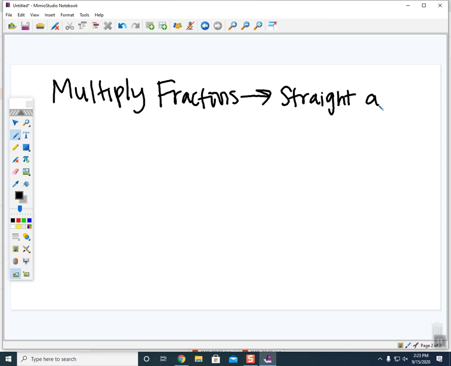This is pretty straightforward, right? So I could have 1/3 times 2/5, and I just multiply straight across, which equals 2/15. Done. I just multiply straight across on the top and the bottom.